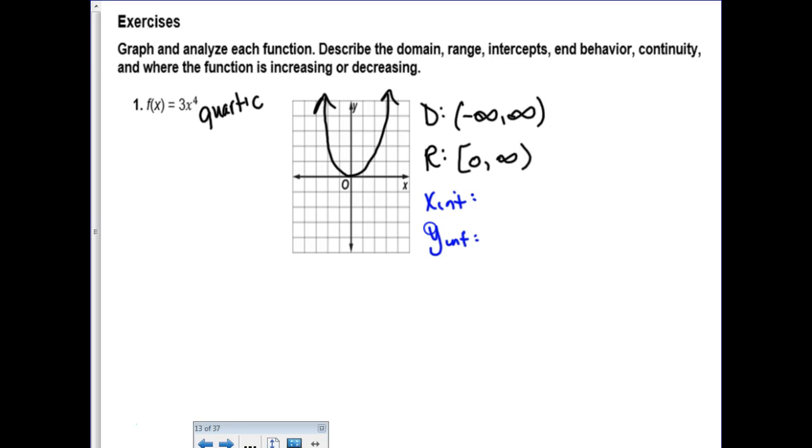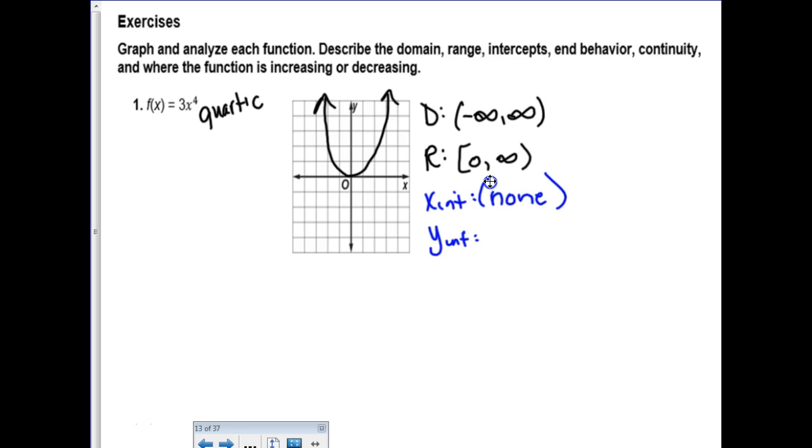So it has to go through the x-axis from positive to negative or negative to positive. Does this function do that? It does not. Do you remember what happens here? It bounces off. We learned a little bit about this in Honors Algebra 2. My regular Algebra 2 kids have never seen this before probably. So in your textbook's definition of x-intercept, there's actually none.